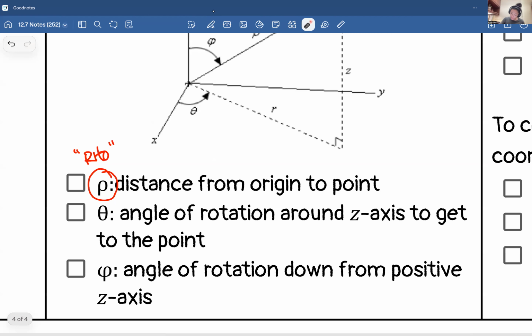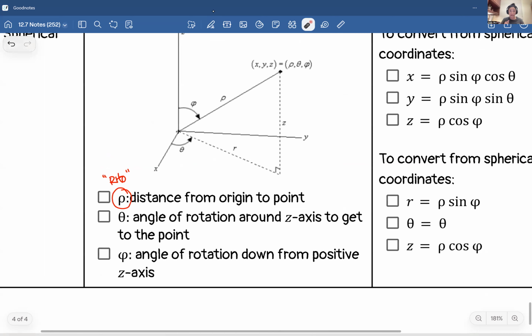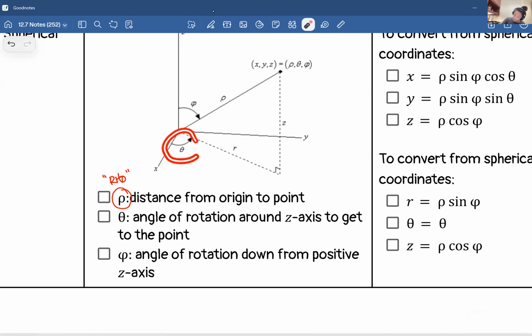Okay. Now, the direction, though, that's where the theta and the phi come into play. So, our theta is going to be the angle of rotation around the z-axis, okay? And so when we're going around the z-axis, we're thinking about it kind of like the theta.